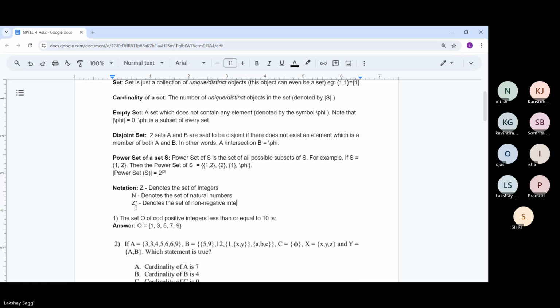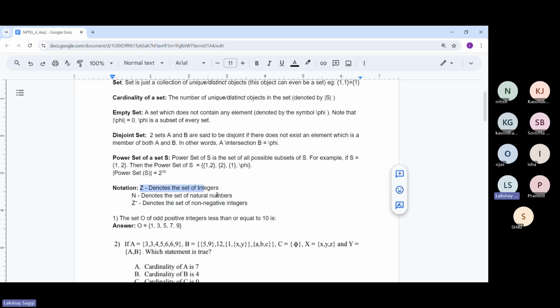So what do we mean by non-negative integers? Z denotes the set of integers, N denotes the set of natural numbers. Note that 0 is not a natural number, but 0 is a non-negative integer. So this Z plus is nothing but the set of natural numbers plus the number 0, the non-negative integers.